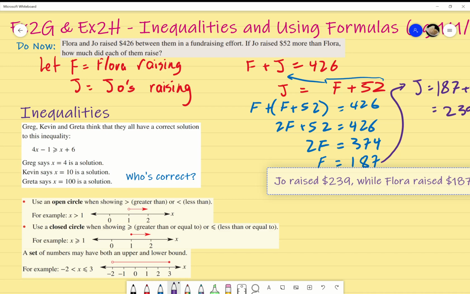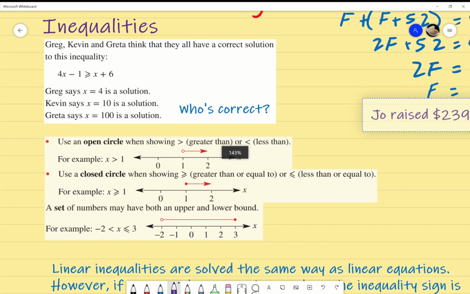We actually say there is a set of numbers that this is applicable for, and that includes decimal places. I could say 5 works. I could say 5.5 works. So inequalities have a set of numbers where they're valid. I want you guys to write this down in your notebooks, this section here.